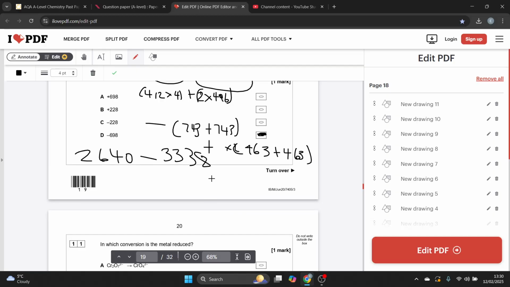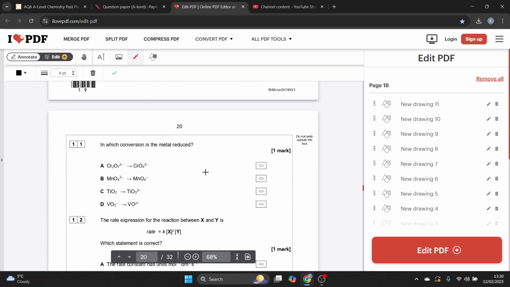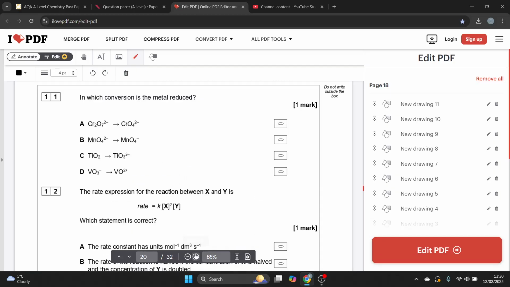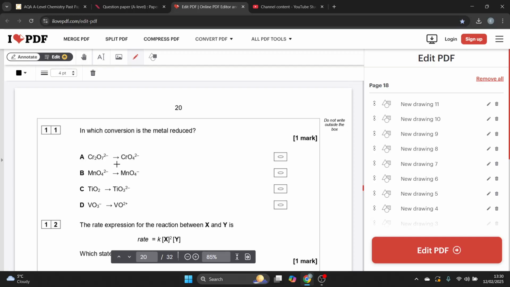In which conversion is the metal reduced? So here, minus 14, minus 2 times 7, minus 14, minus 14, that's plus 6. Minus 8, that's also plus 6. Minus 8, because oxygen is minus 2 times 4, minus 8, that's plus 7.